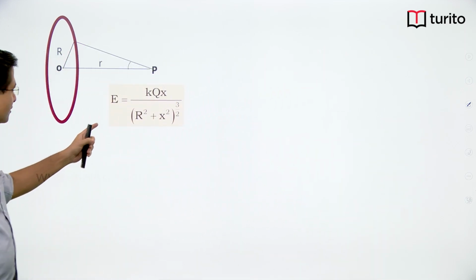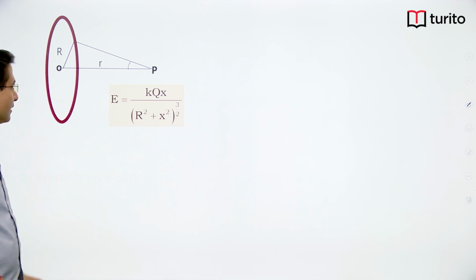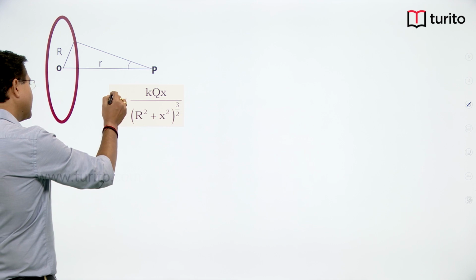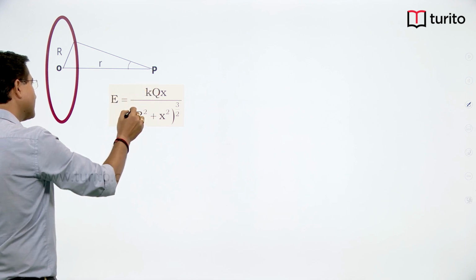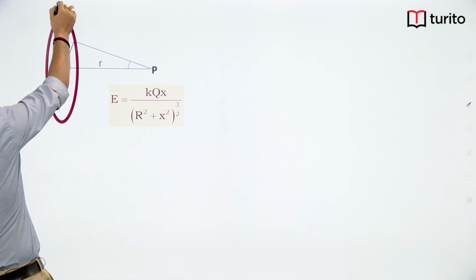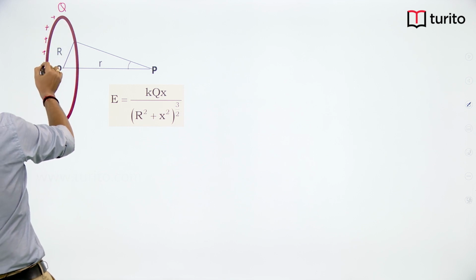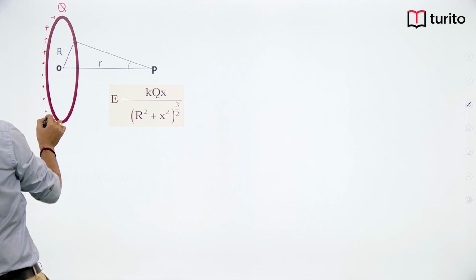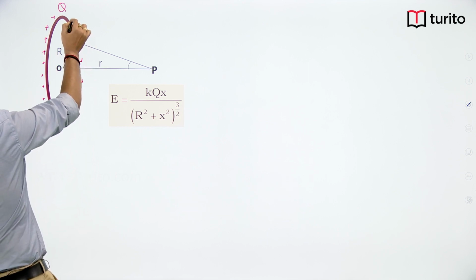We derived the expression for the field created by the ring at any point on the axis, and the value of the electric field came as k q x divided by (r square plus x square) to the power 3 by 2, where q was the charge uniformly distributed over the ring.